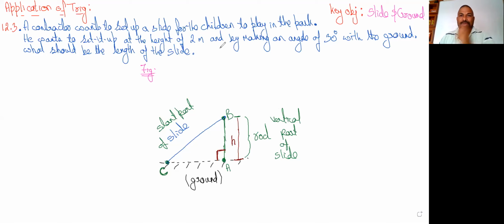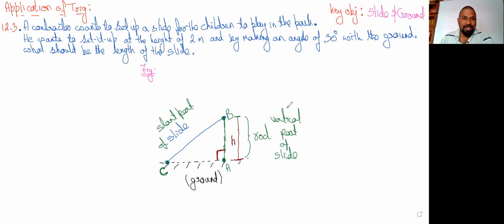Okay, now, he wants to set up at a height of 2 meters by making an angle with the ground. What should be the length of the slide? Now my next question: you got the height. Can you please tell me from where to where we are supposed to choose the length of the slide?